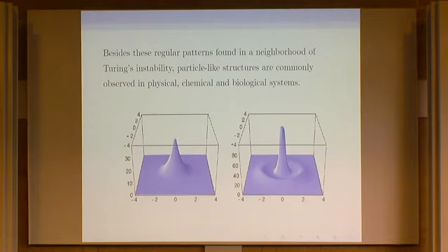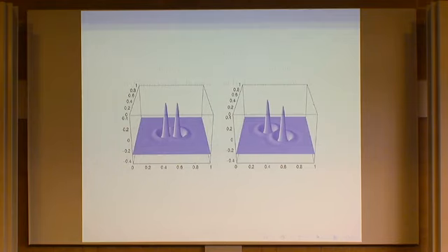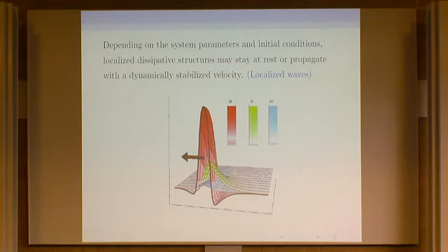So for instance, you could have this two-dimensional pulse, okay? And you could have two or many of them. Also, such dissipative solitons usually move depending on the system parameters and the initial conditions.